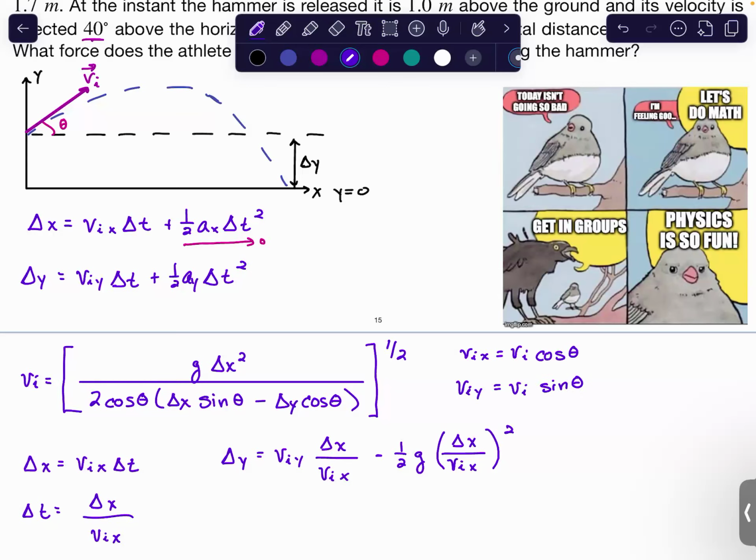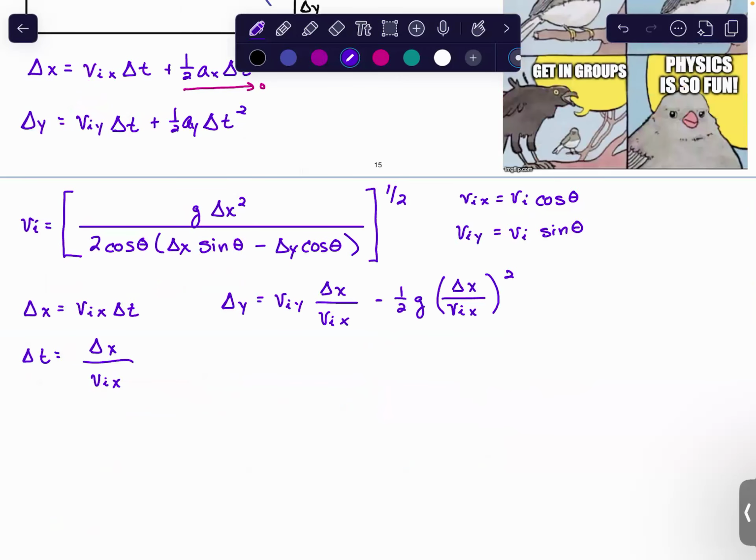Now we can substitute these in. A couple of things we can do.